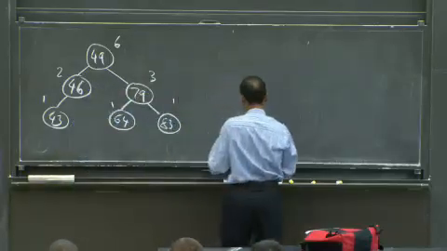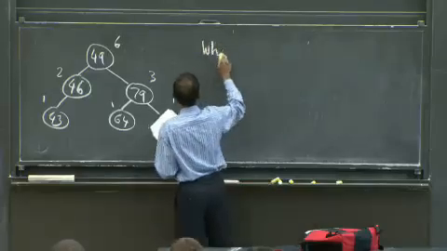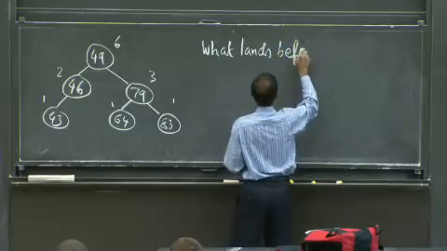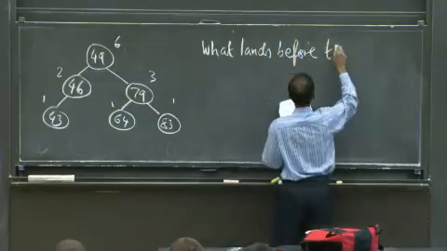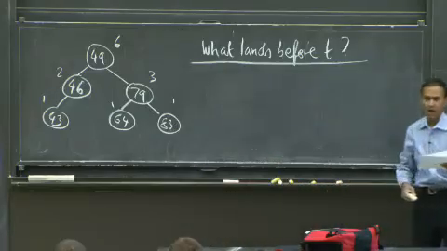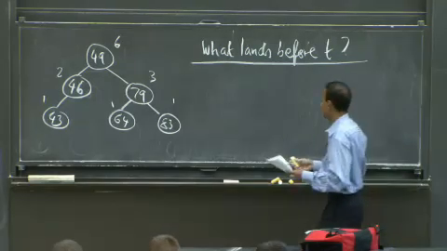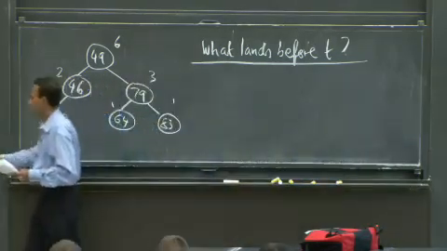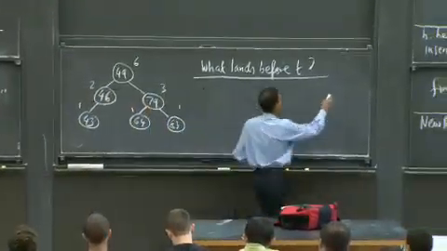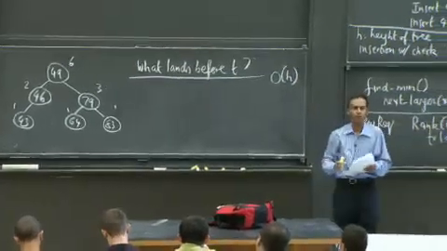Okay? So what I want is what lands before T. All right? And how do I do that? Give me an algorithm that would allow me to compute this in order H time. What lands before T? Someone?